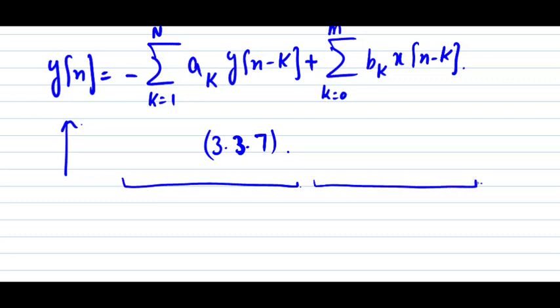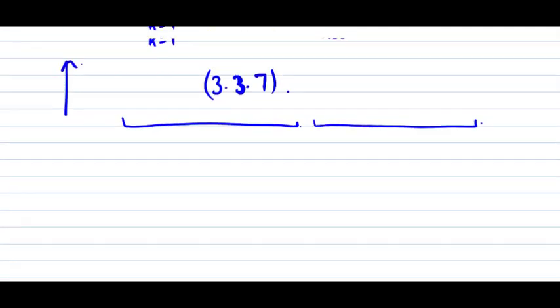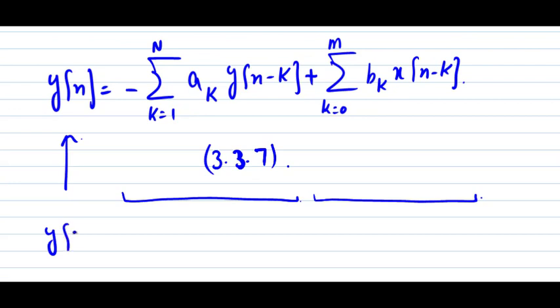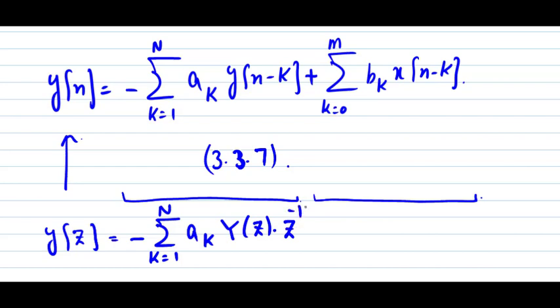If we take the Z transform of this equation, we get Y of z is equal to minus summation k equals 1 to N a k Y of z into z raised to the power minus k, plus summation k equals 0 to M b k X of z into z raised to the power minus k.